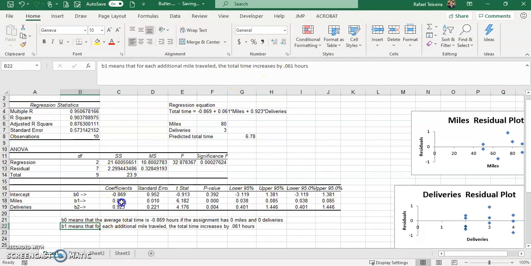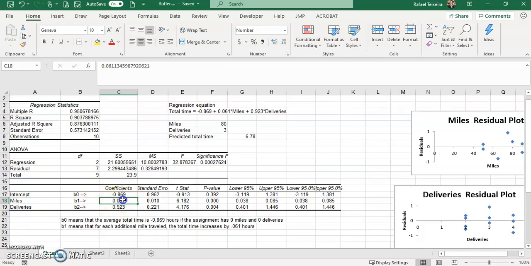So always this coefficient means that if I increase 1 unit of the independent variable, this is how much the dependent variable changes. Okay, I'm going to repeat again.